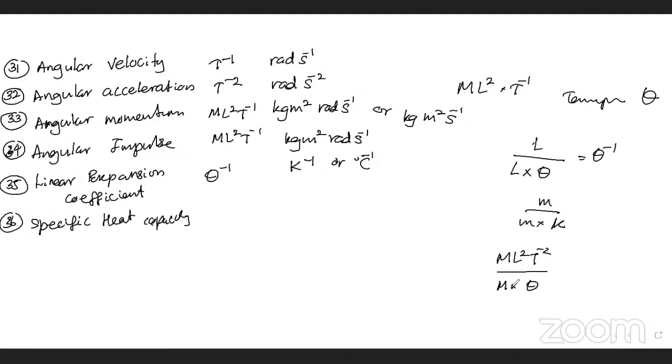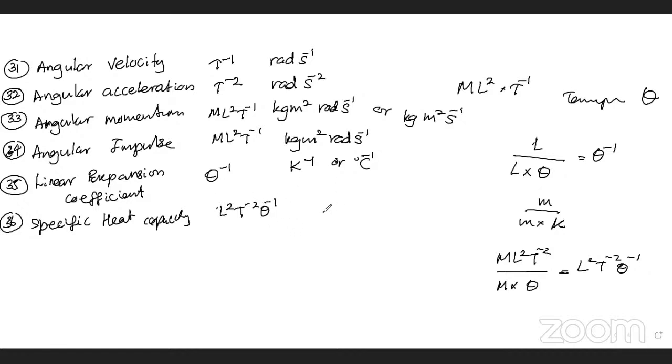Heat means energy, which has dimension M L square T minus 2. It is divided by the mass, so M cancels, and by the temperature change, which gives theta. So the dimension is L square T minus 2 theta minus 1.